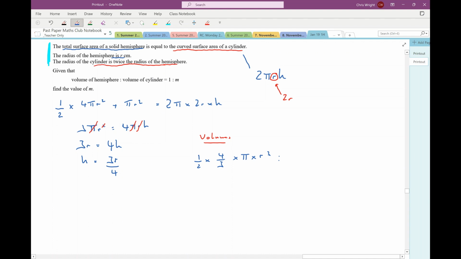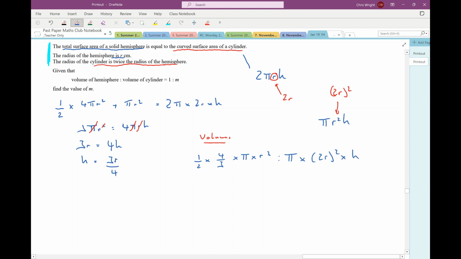Now, the volume of the cylinder is pi r squared h, but don't forget that r, the radius of the cylinder isn't r, it's 2r, so that's going to be 2r squared. So what I've got here is pi times 2r squared times h.